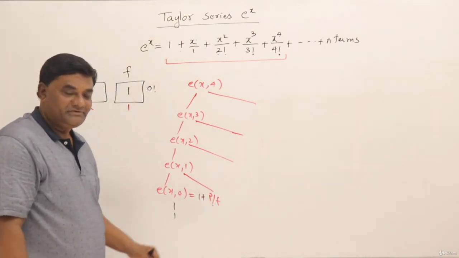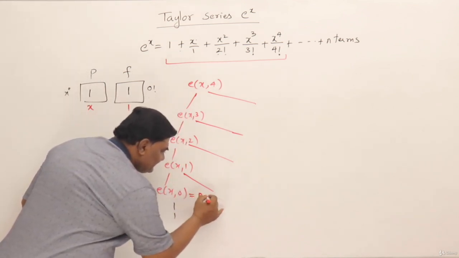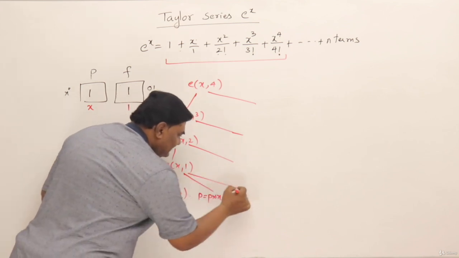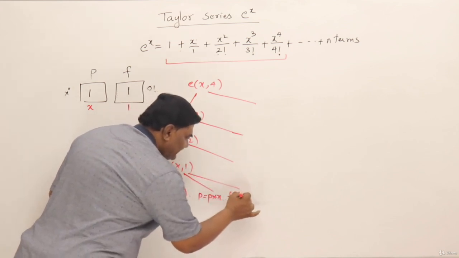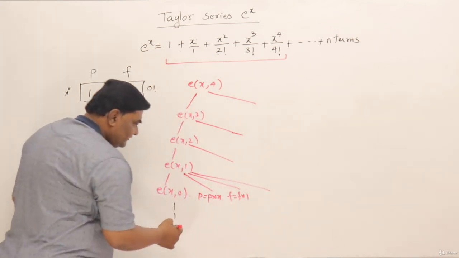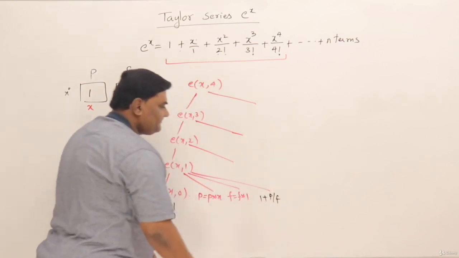So I will write down the steps once again. This is p is assigned p into x, this I have to do, and then f is assigned f into 1, this I have to do. Then the result of this one is 1 plus p by f.